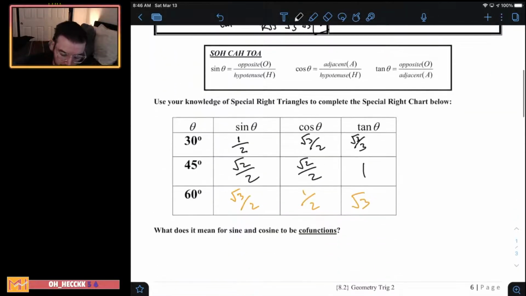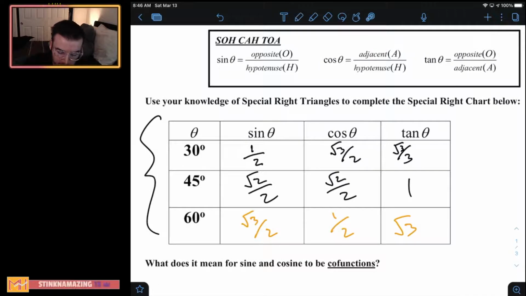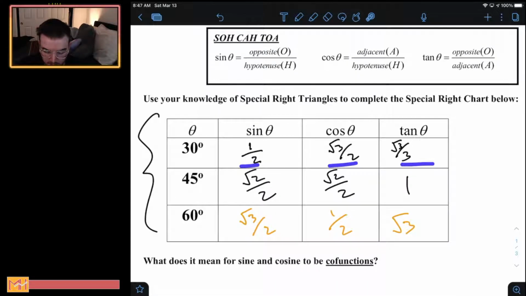I would encourage trying to memorize these. What I see here is that for 30 degrees, the numbers get bigger, right? It goes 1/2, root 3 over 2, root 3 over 3. It's increasing.